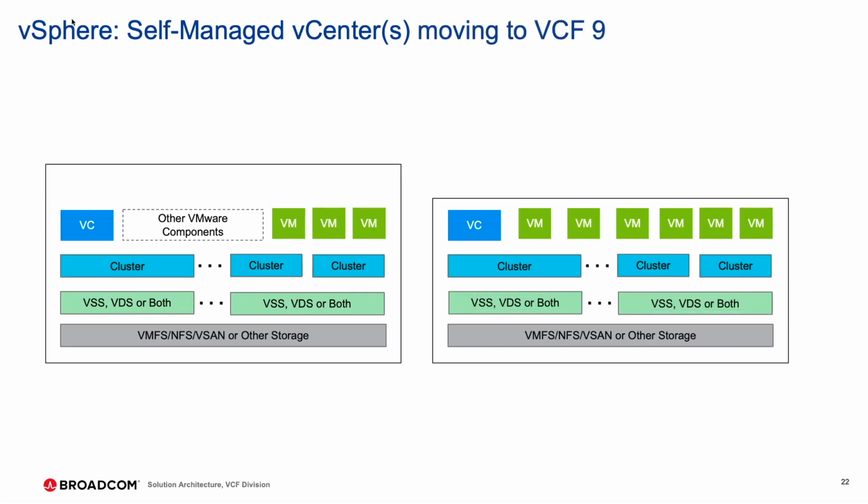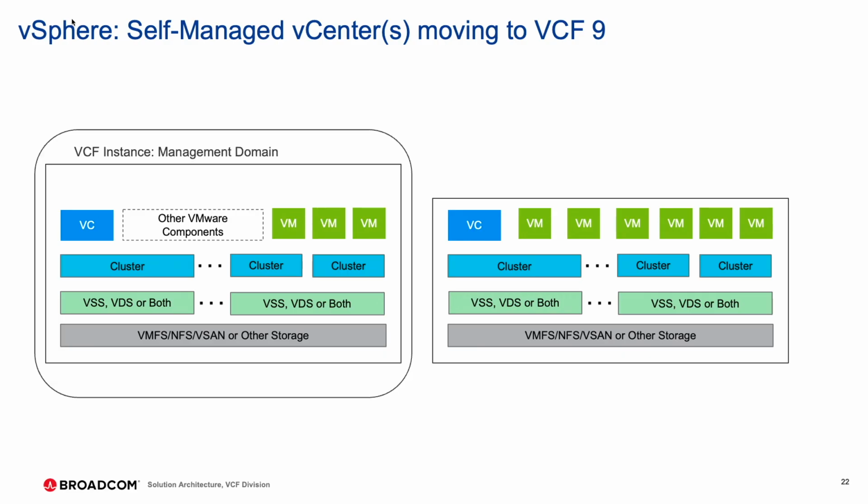So the first thing that happens in terms of actually moving to 9.0, you've got to make sure that you provision the extra set of resources that are required for VCF 9, but then you go ahead and create your management domain. So you pick a vCenter in your management cluster, and you create your management domain. When you create your very first management domain in VCF 9, there's a few unique things that happen.